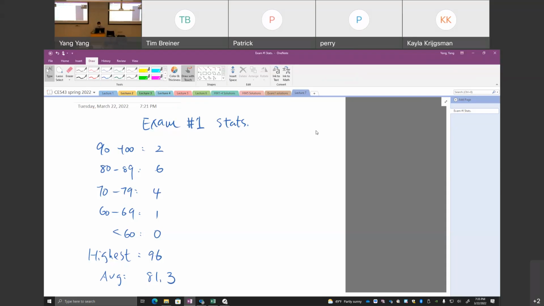The reason is that I did some curving on the results here. I used the most popular curving equation to give a grade. Some of you may be familiar with that. So those are the results of the first exam. Any questions about the statistics? Everybody's good.